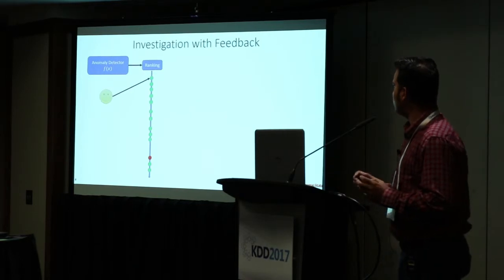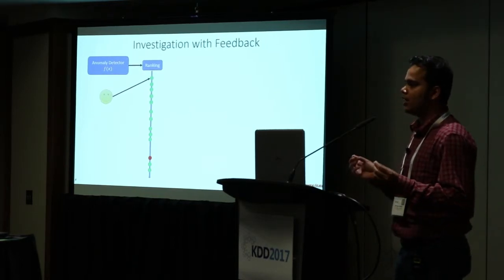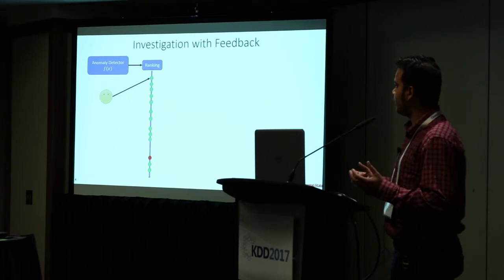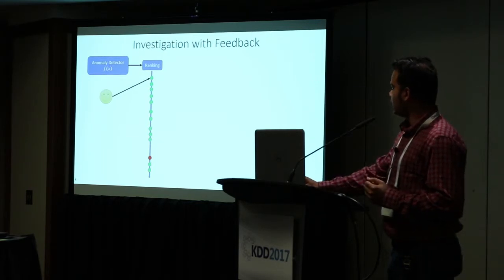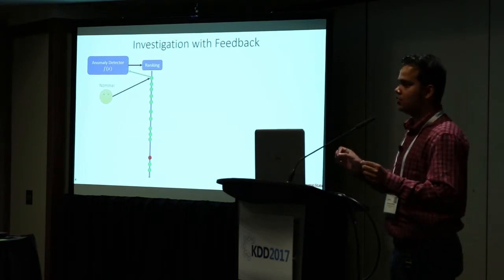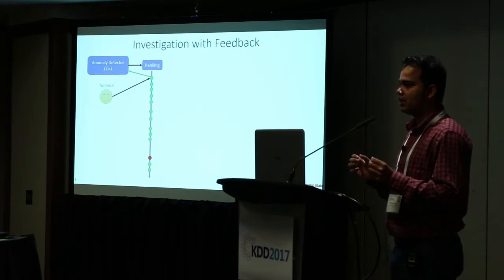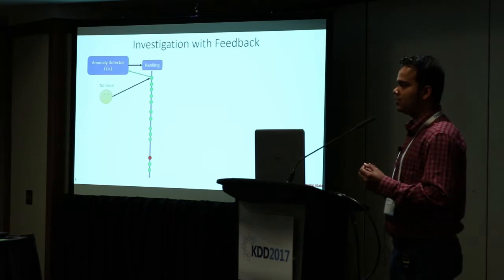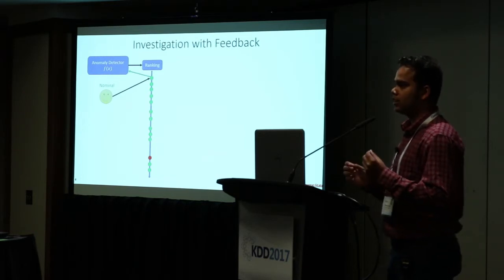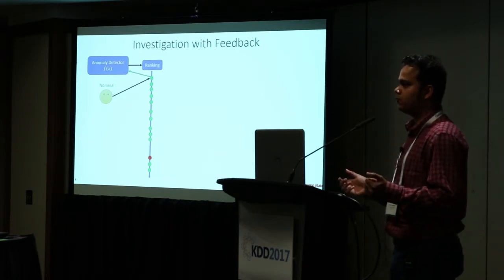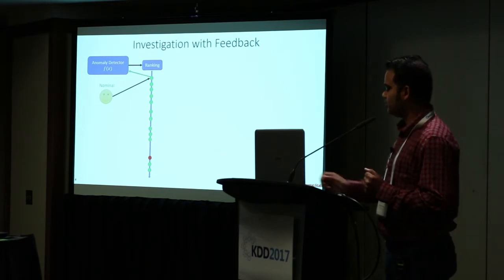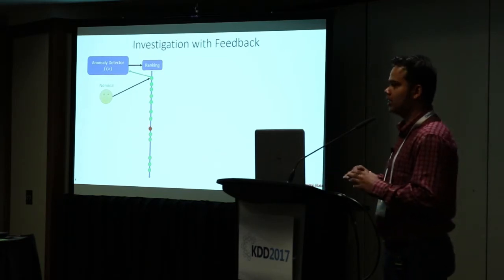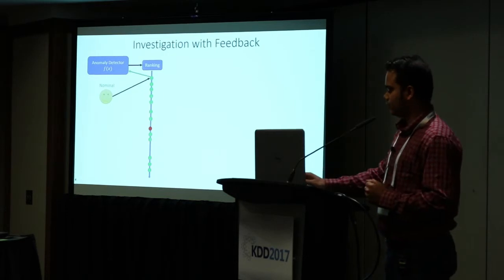So in this work, we are trying to help the analyst by incorporating feedback. The idea is similar. The analyst goes through the list, but this time when he examines an instance, whether it's anomaly or nominal, he provides the feedback to the anomaly detector. The anomaly detector then adjusts itself, so we get a new ranking, and we expect the anomaly will be higher in the ranking.